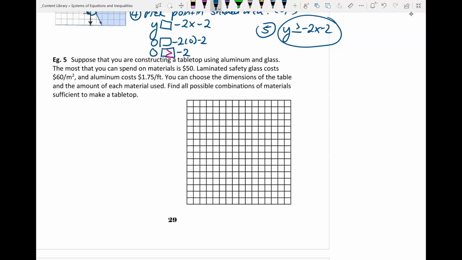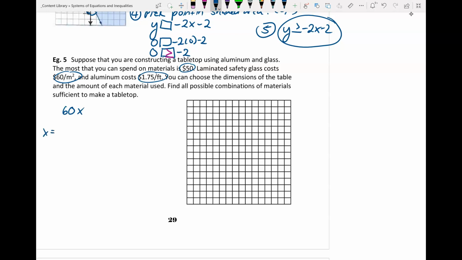So with this information, we have everything that has to do with cost. And it doesn't matter what the dimensions of the table are or the amount of material we used. So if we just talk about the cost alone, it's going to be $60 for the safety glass.